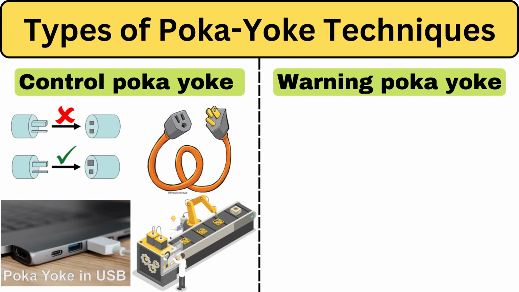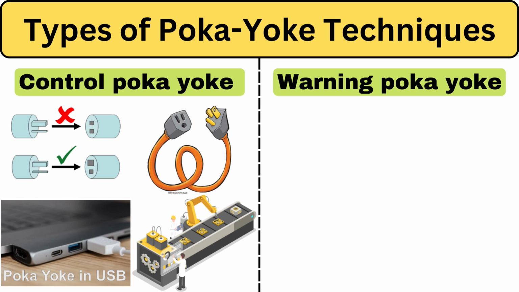In control Poka Yoke, mistakes are controlled and prevented before they occur. Before the mistakes occur, we identify and control them, designing a feature in the design stage itself so that mistakes or errors should not happen during product use.